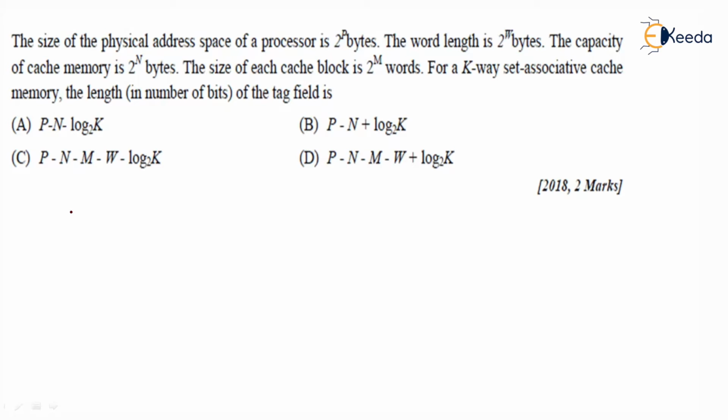The first detail given is physical address space is equal to 2 power p bytes. Then the next thing is the word size is equal to 2 power w bytes.